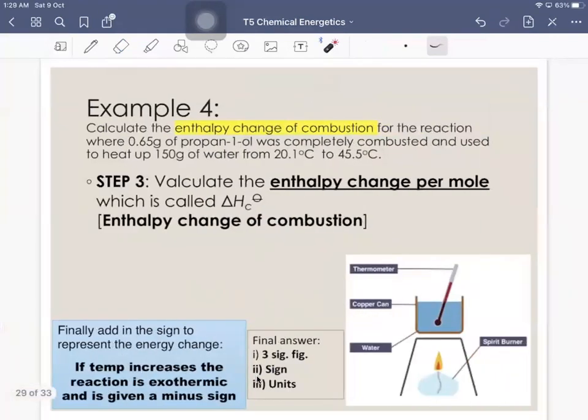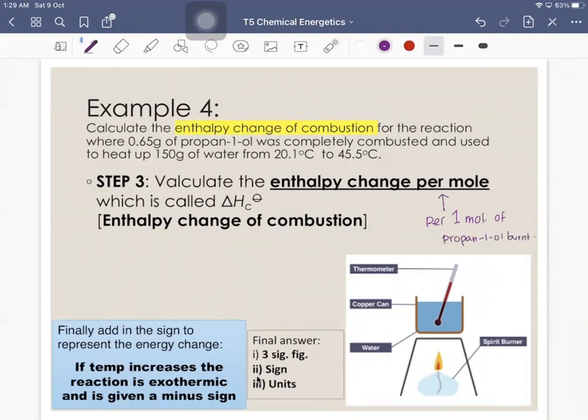Next step is I want to know the enthalpy change, and enthalpy change is per 1 mole of substance burned. That means per 1 mole of propan-1-ol burnt.